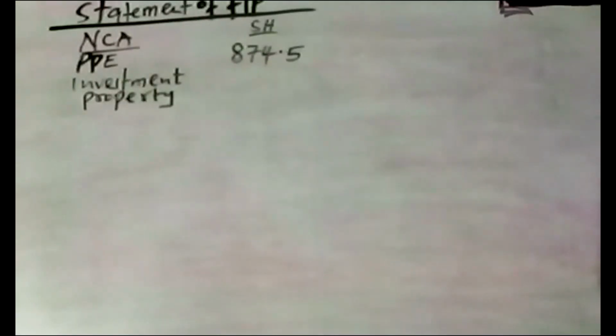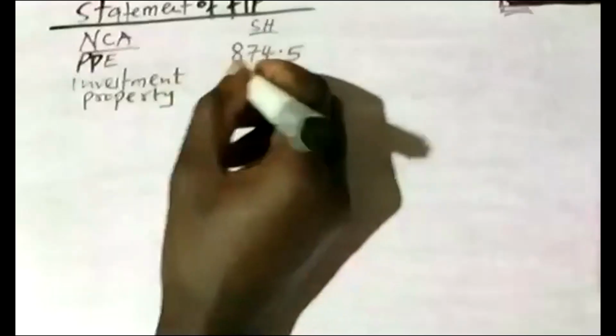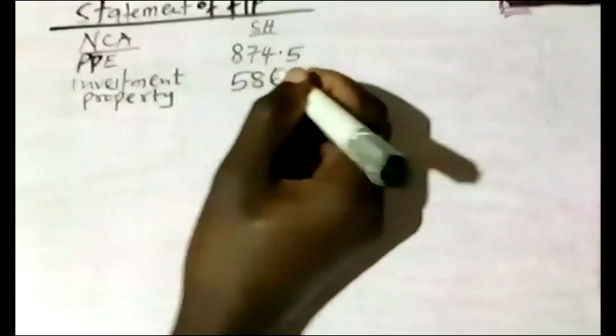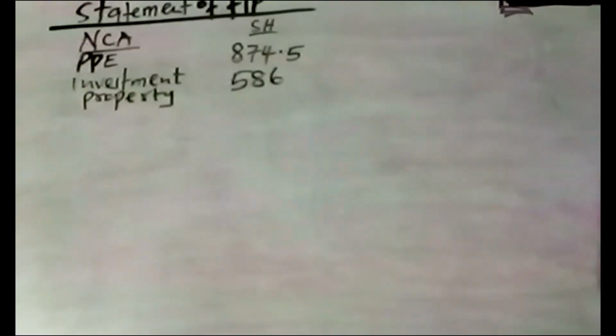Then there was an investment property. Remember the investment property increased to 586. That one you can see in additional information number 2. Then that was the only long term.